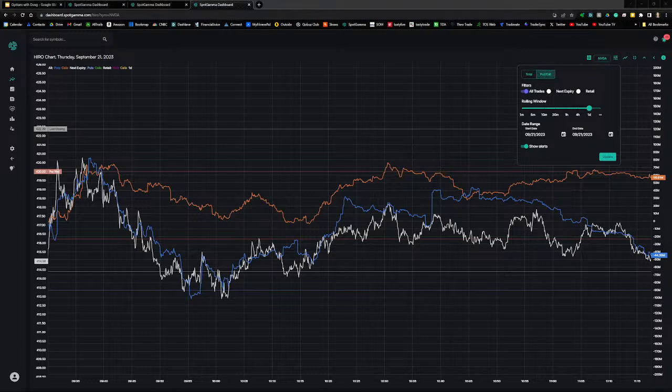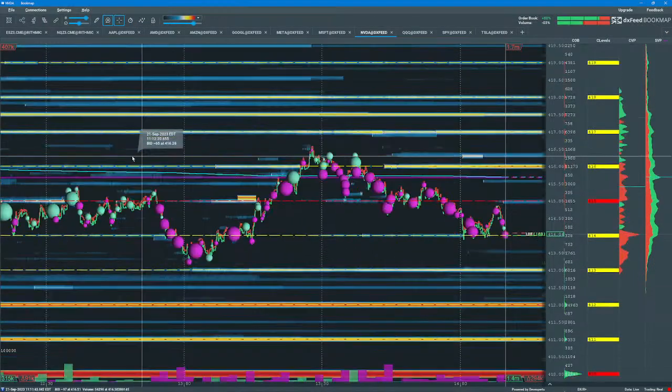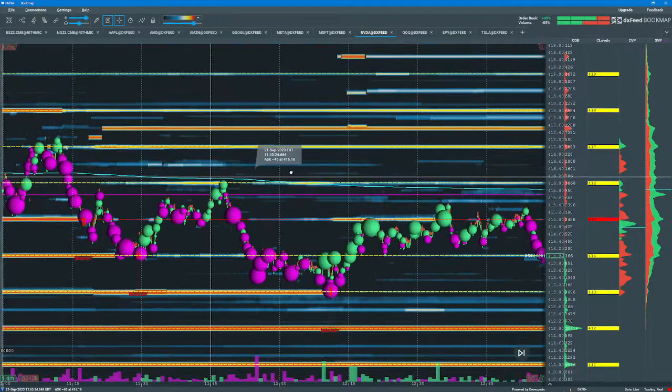So initially, traders were selling puts and buying calls. Call buyers took their foot off the gas, then started selling, and the put sellers turned into put buyers, and price moved lower. Again, blue line showing puts, orange line showing calls. Let's go back to Bookmap. We can zoom in on this just a little bit.